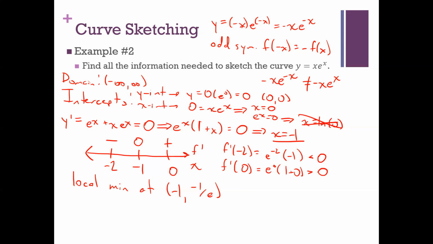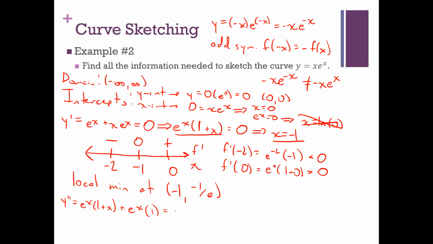How can I get concavity of this function? Find the double prime. Right, so we have y prime, and if we find its derivative, we can get the second derivative. I'm going to use the product rule from this form here. So that becomes e to the x times 1 plus x, plus e to the x times 1.